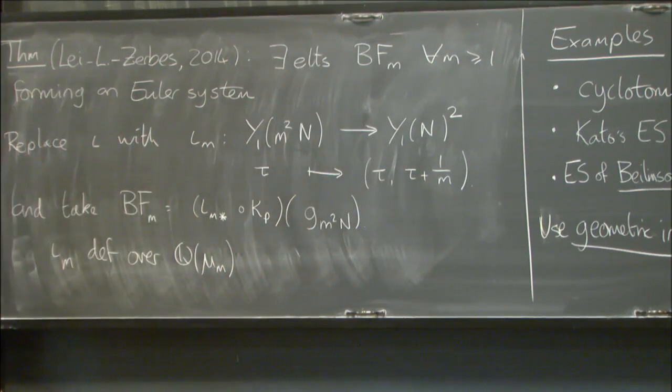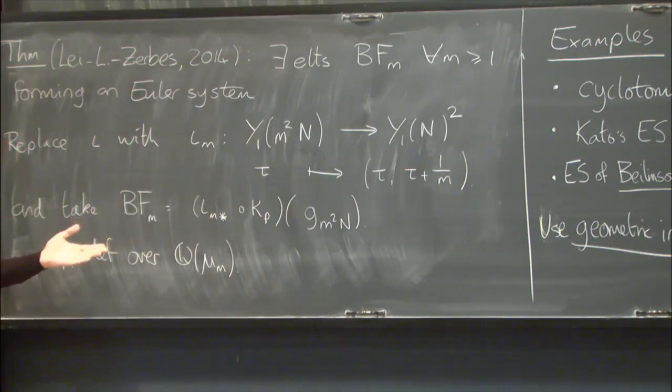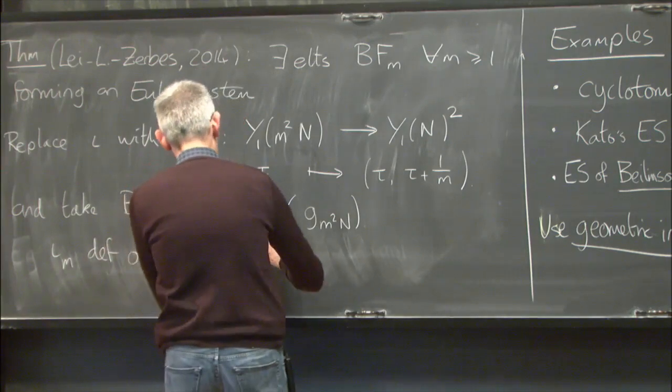So we have a chance of getting things that are interestingly defined over these higher fields. And the hard part is proving that you have some norm relations for these once you project into the f, g isotypical part.